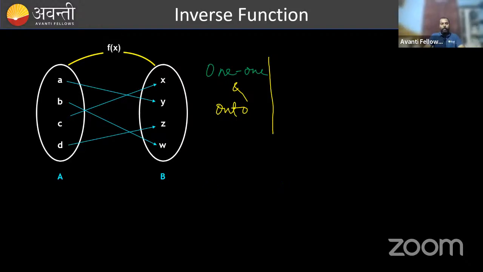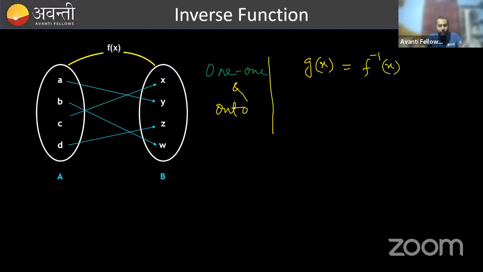Okay, so what is inverse of this function? How we can find the inverse of this function and when this function can be invertible? This is important, right? Suppose g of x is the inverse of f of x, so we can write this as g of x is f inverse of x.